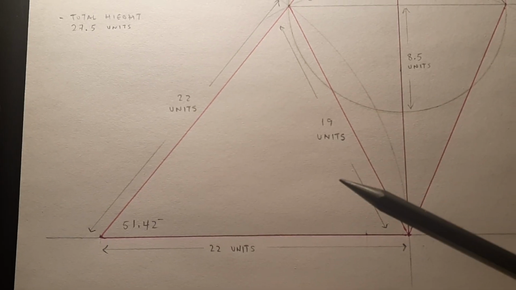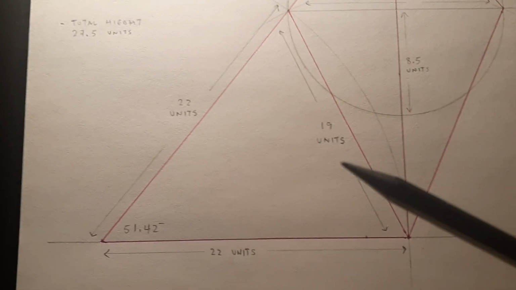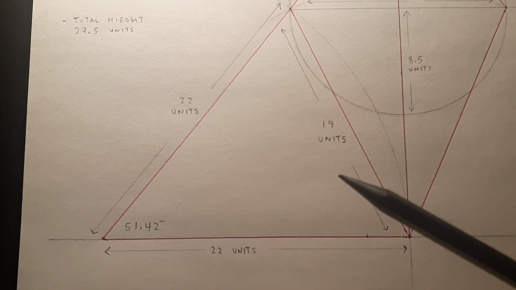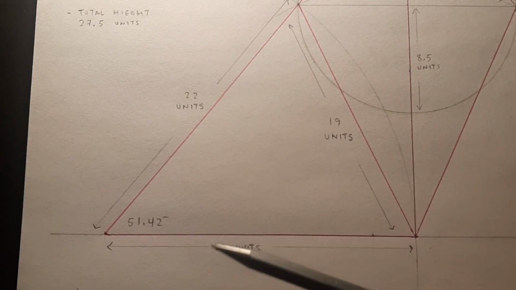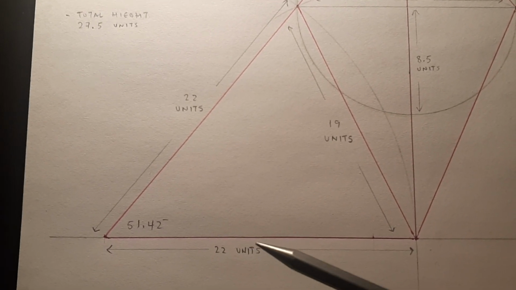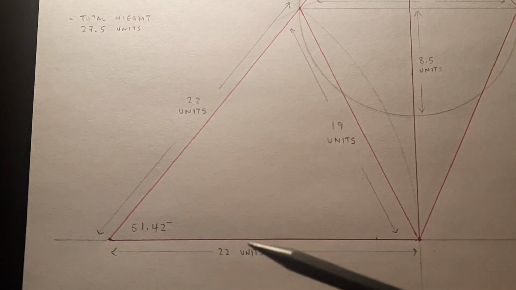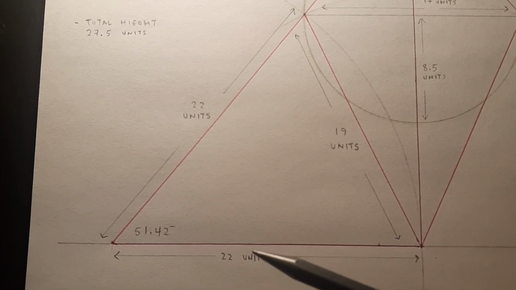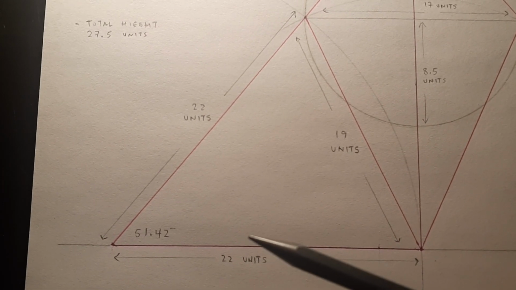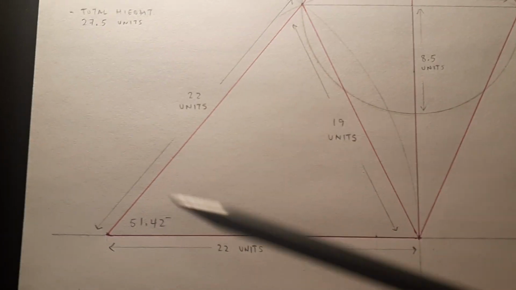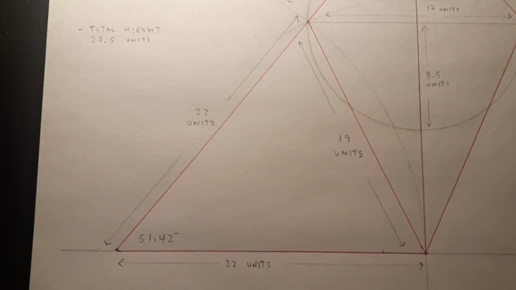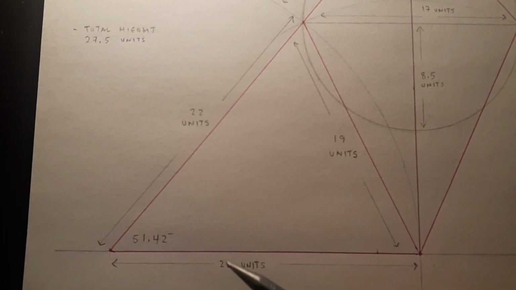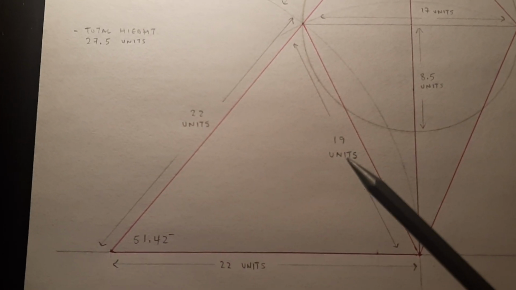Whether this be in inches, centimeters, cubits or whatever else there is out there, this is a fairly accurate mathematical, geometrical formula. 22 by 22 by 19.